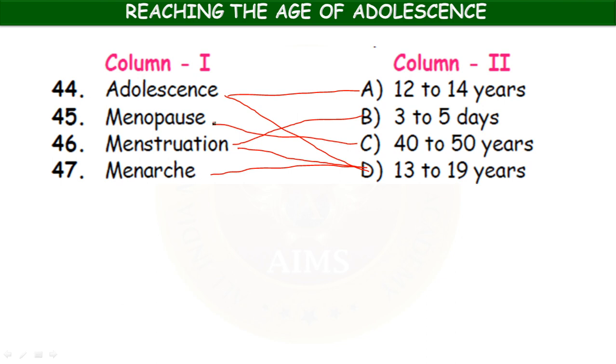Menopause is 40 to 50 years, so the first one is D. Then menopause is C. Menstruation, the bleeding which occurs between 3 to 5 days, is B. Next, menarche is the first menstrual cycle, at 12 to 14 years in the females.